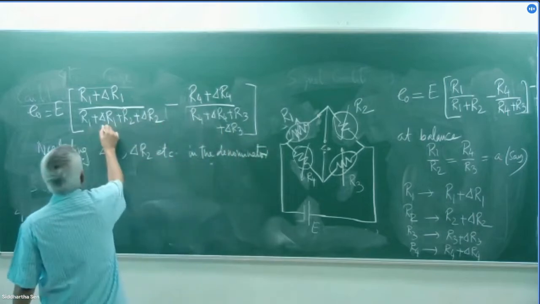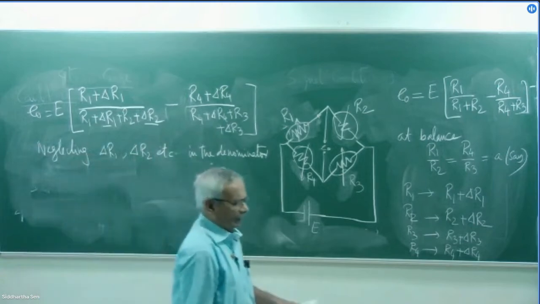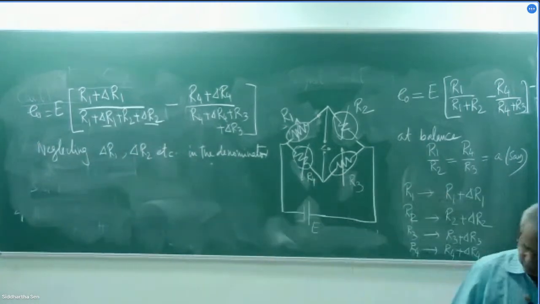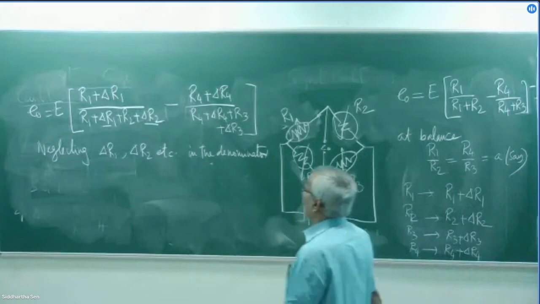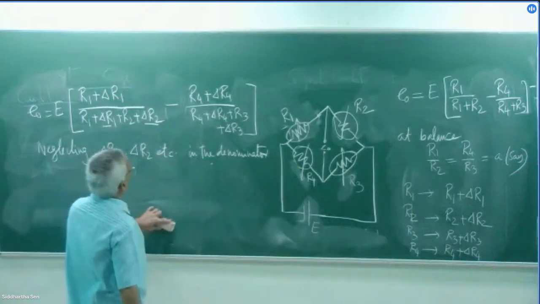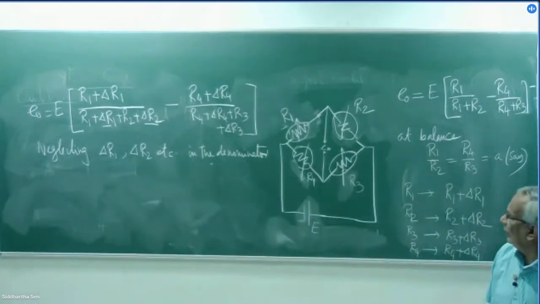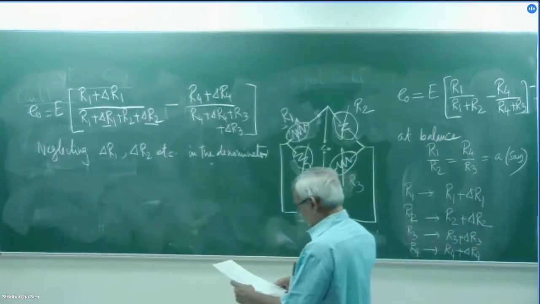Because you see, these delta R1, delta R2, delta R3 are all small, so we can say that the denominator stays the same.